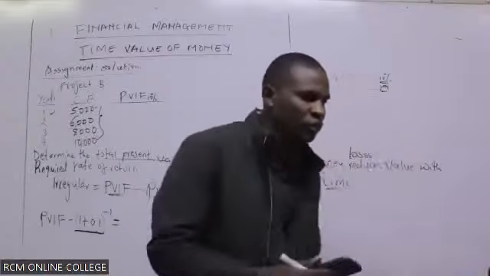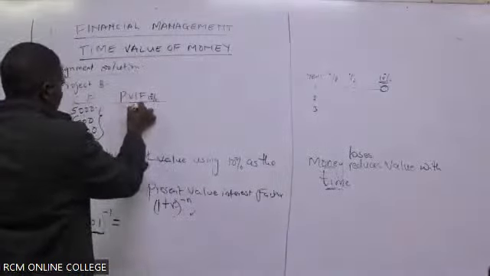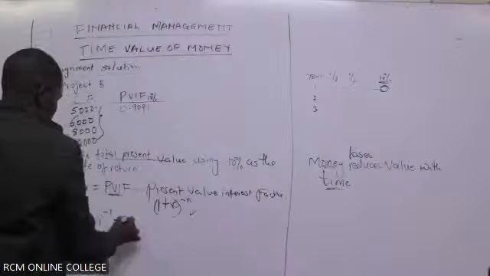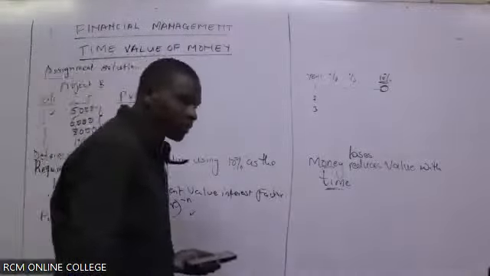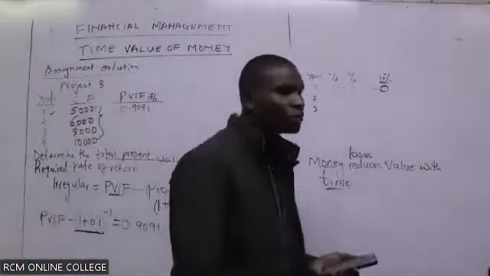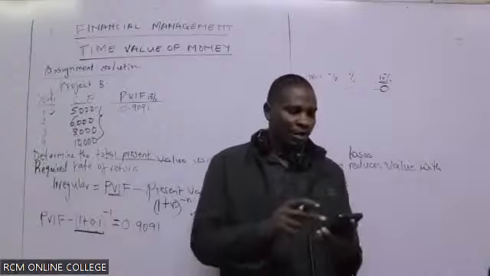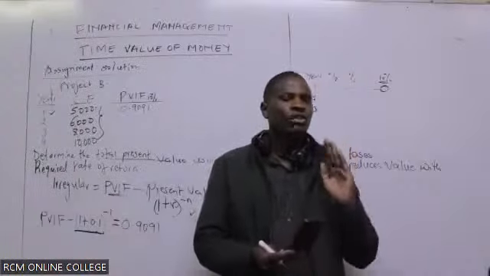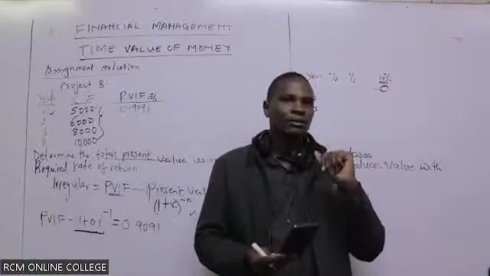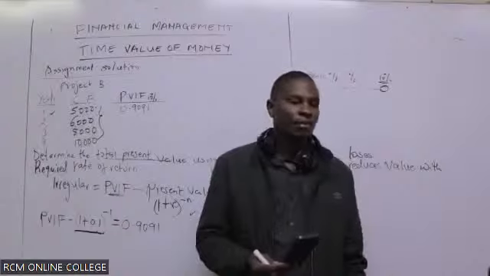So here it's 0.9091, and for 13%, 2 years, that is using the table for those who are having the table. And please make sure that during the weekend you download all those past papers from 2015 to 2023 December.